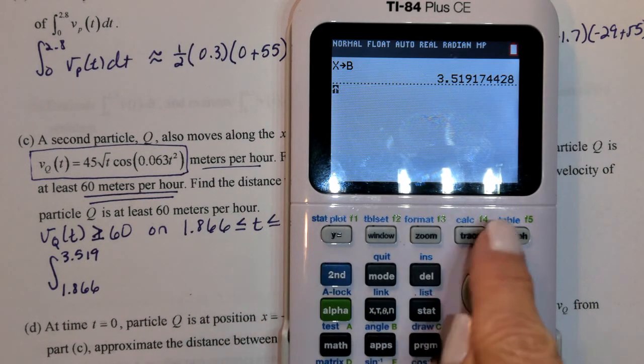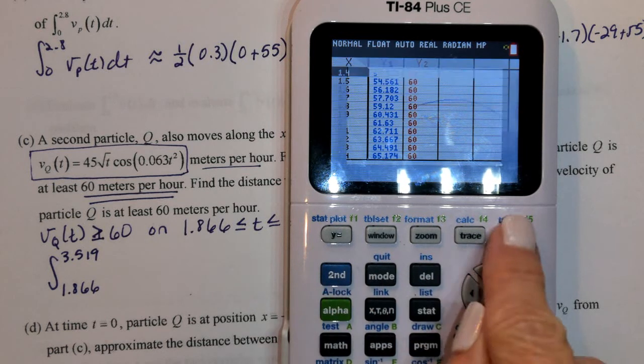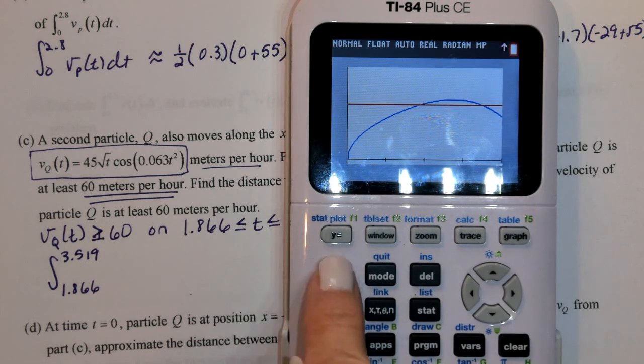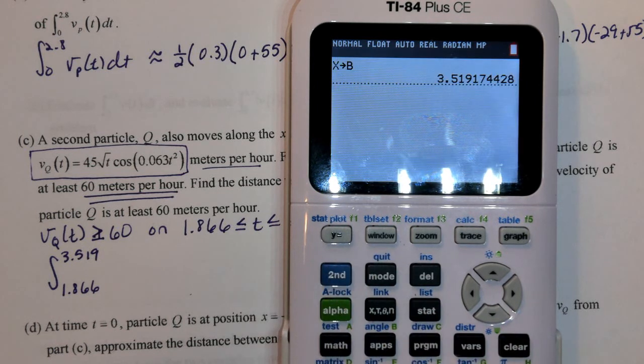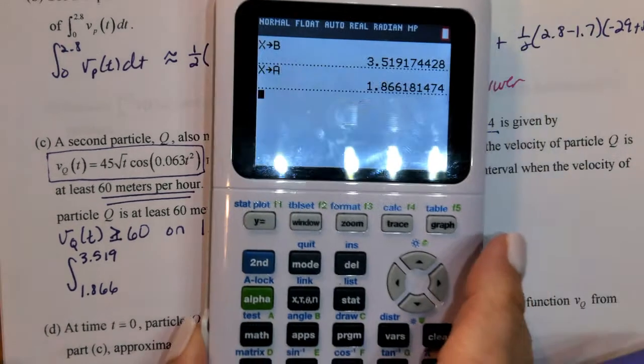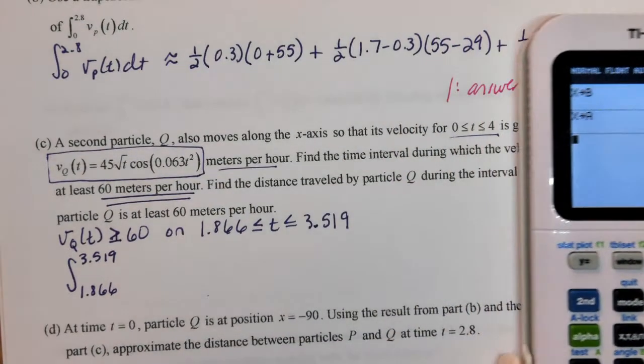And now I'm going to have to go back and get that first intersection value again so that I have the entire value. Remember, your final answer has to be correct to 3 decimal places. So you want to make sure you use the complete value until you're finished. Okay?